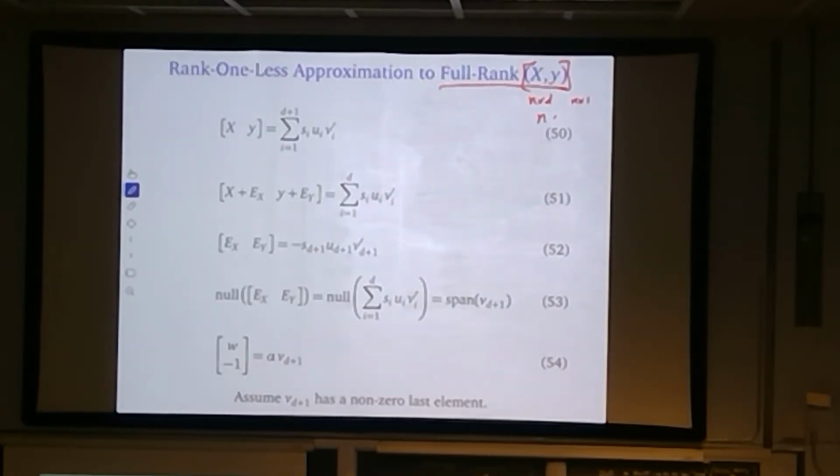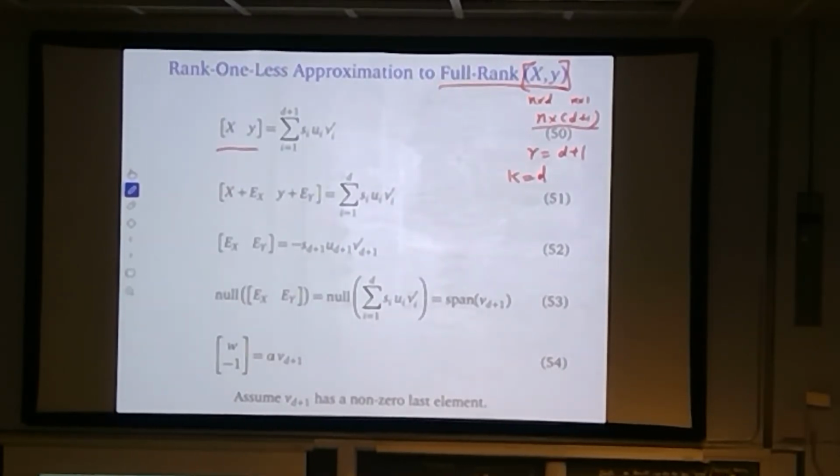So this matrix is n by d plus 1, yes? If this is full rank, the rank is d plus 1. I want one less rank, so I want to seek k equals d, okay? A rank d approximation to this matrix.